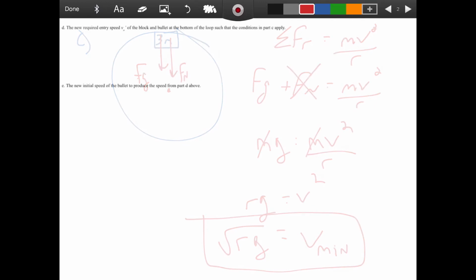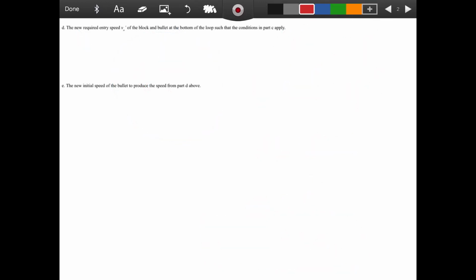The last two parts of this problem, we have the new required entry speed, v naught of the block and the bullet at the bottom of the loop, such that the conditions in part C apply. So now basically what we're going to do is energy conservation from the top of the loop to the bottom. I'm going to do conservation of energy.